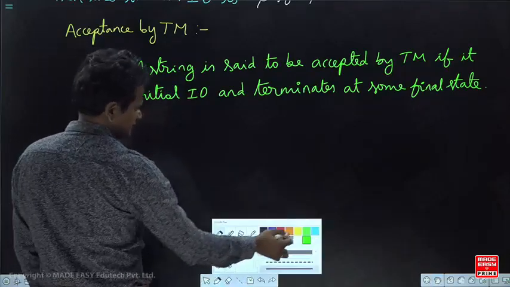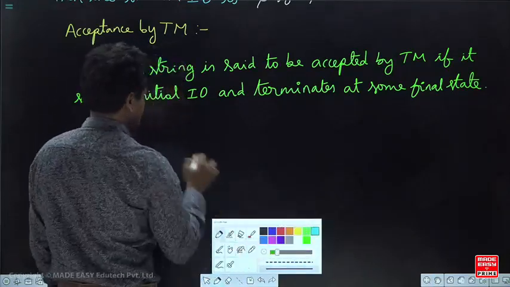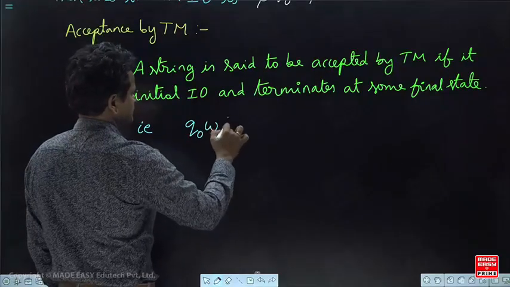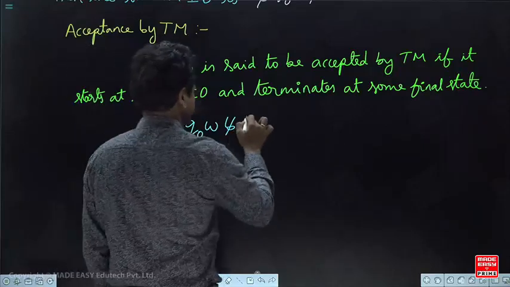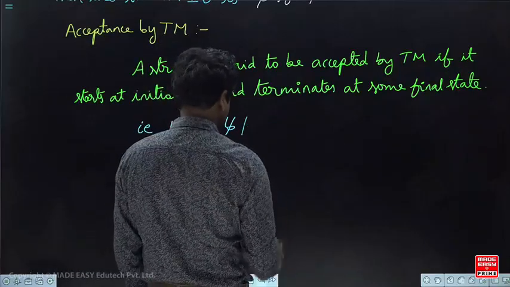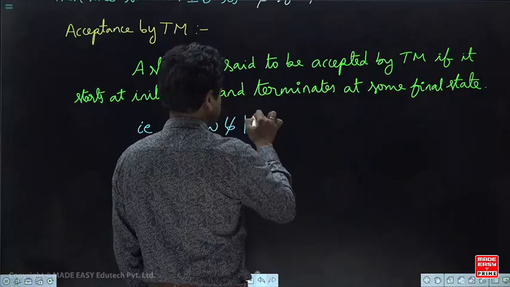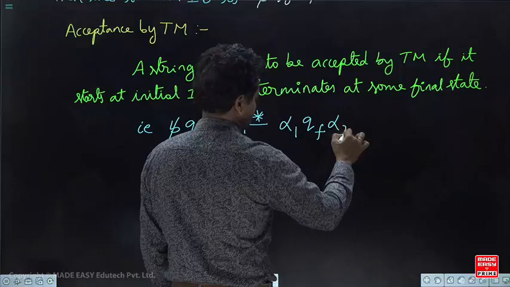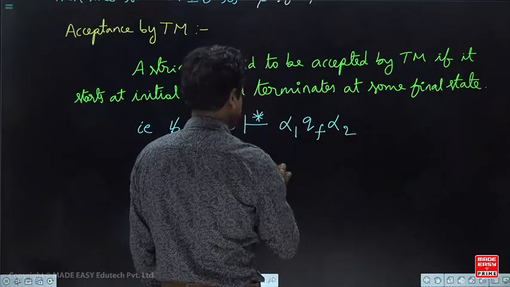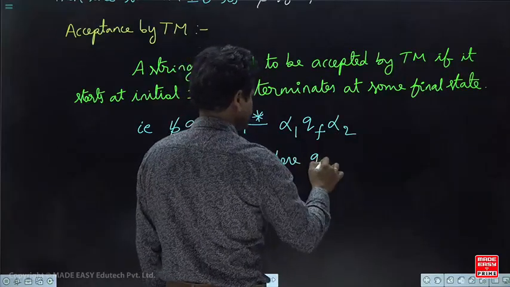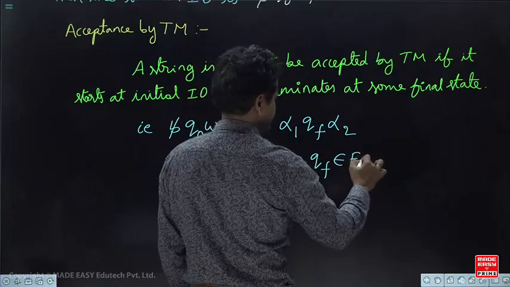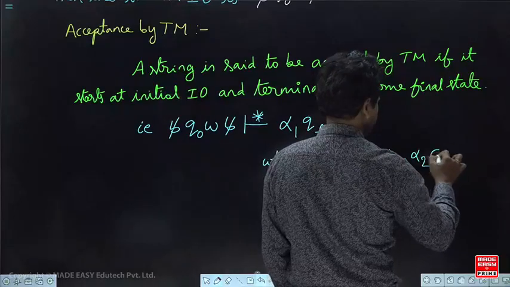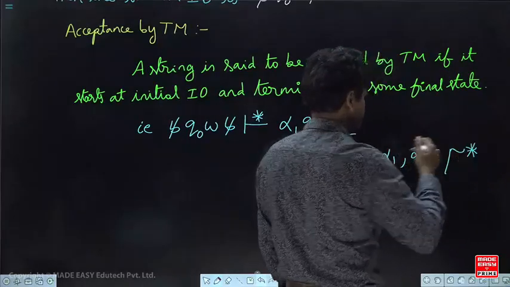That is, Q0, W, after one or more transitions, gives alpha 1 QF alpha 2, where QF is a final state, and alpha 1 and alpha 2 are combinations of tape symbols.